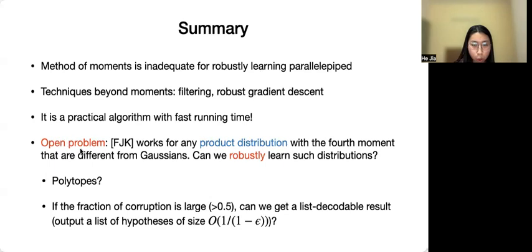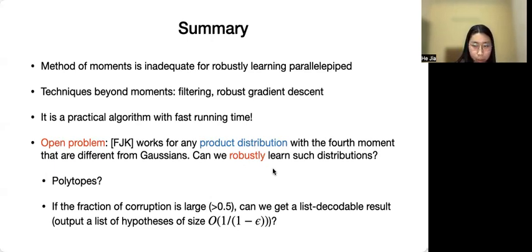And there are also some open problems. FJK works for any product distribution with fourth moments that are different from Gaussians. If the distribution is Gaussian, of course, we can't recover the coordinates. But if the fourth moments are different from Gaussians, they give algorithms to recover the product distribution.